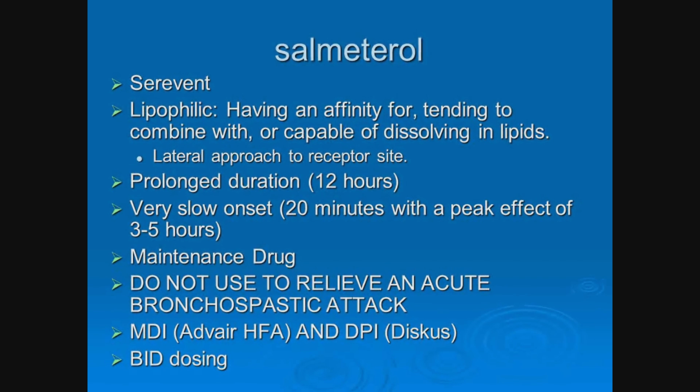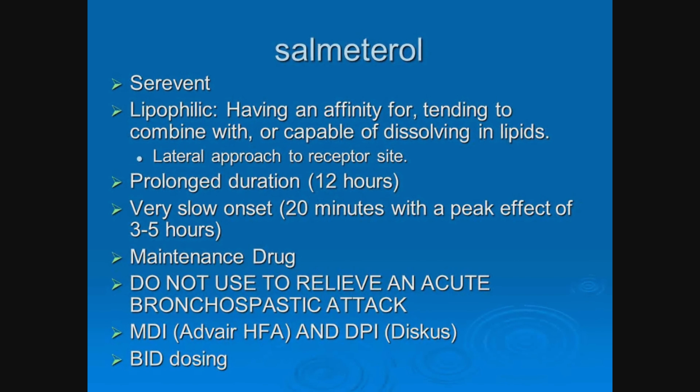12-hour duration, so we're talking about a BID medication now, as opposed to something which is given every 4 to 6 hours. Very slow onset, so it's not a drug we want to give as a relief medication. We're going to find that bronchodilators are split into 2 groups.